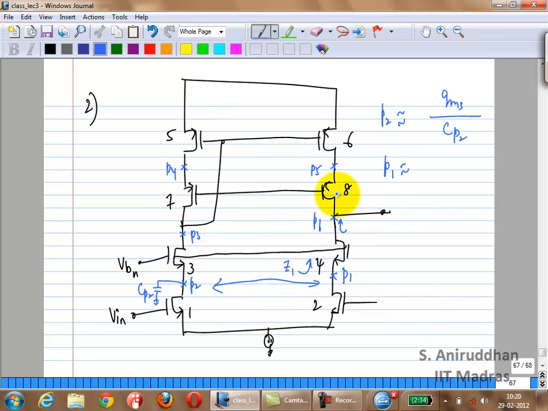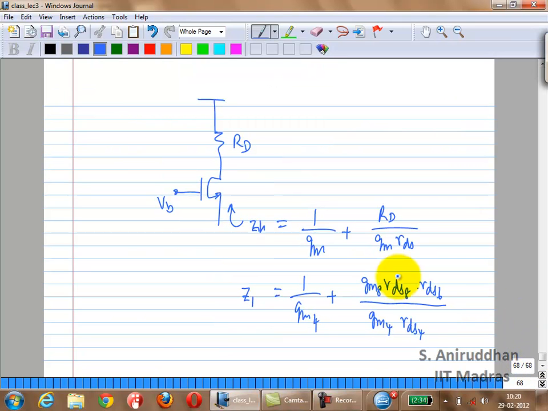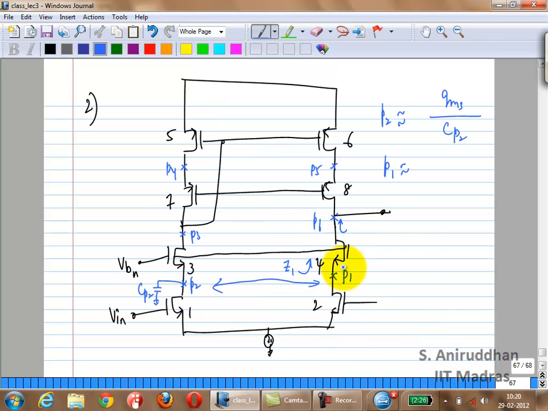So GM8 RDS8 into RDS6 over GM RDS of 4. Okay, obviously this is going to be of the order of RDS, which is much larger than 1 over GM. So this is going to be of the order of RDS. Yeah, so this is a cascode looking up.